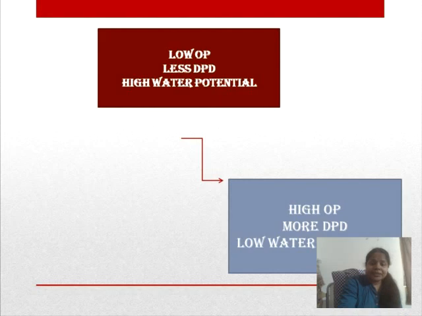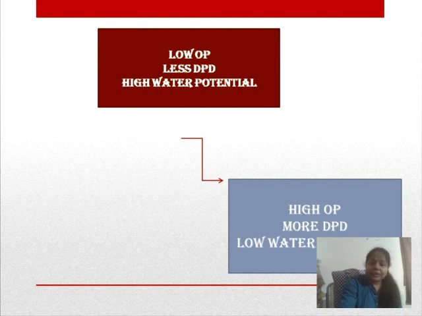Simple representation of how water enters from soil solution. This is soil solution, and this is our cell sap of root. Soil solution has low OP, less DPD and high water potential.